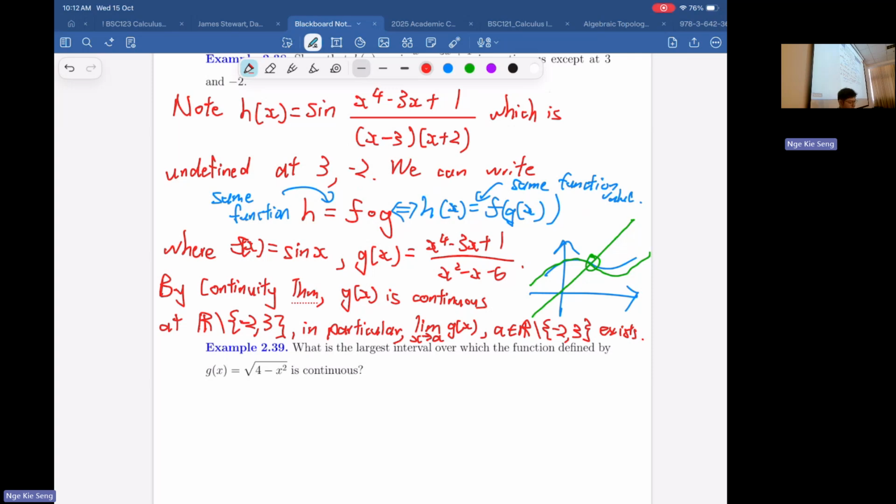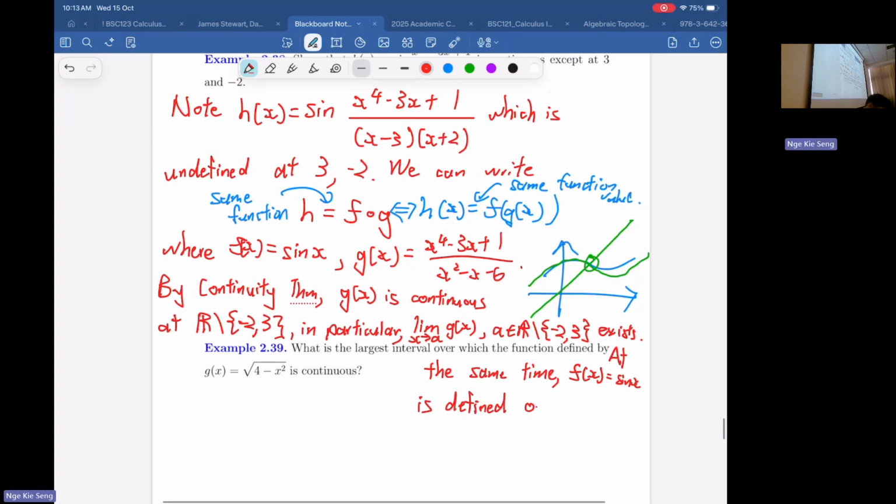So g(x) can map any point as this. At the same time, f(x) = sin x is defined on the whole real line.